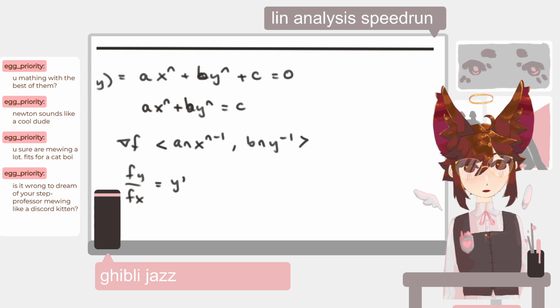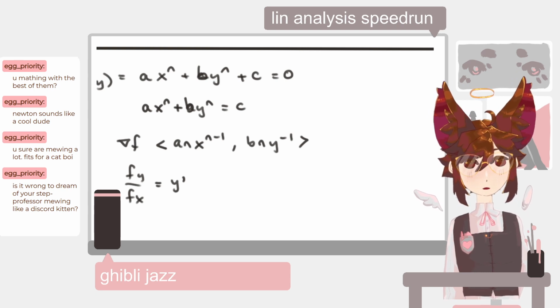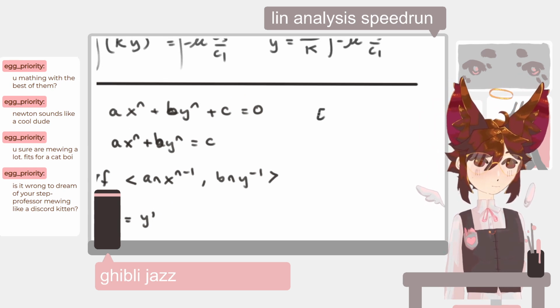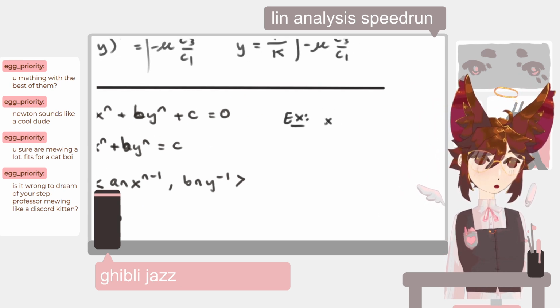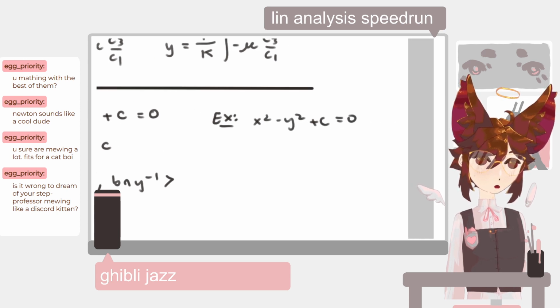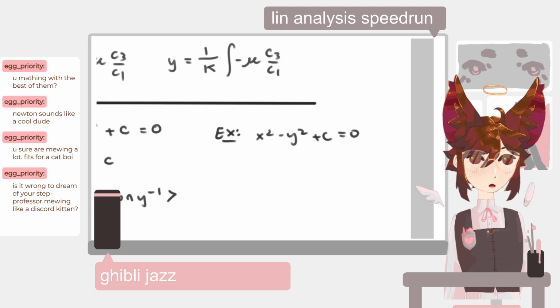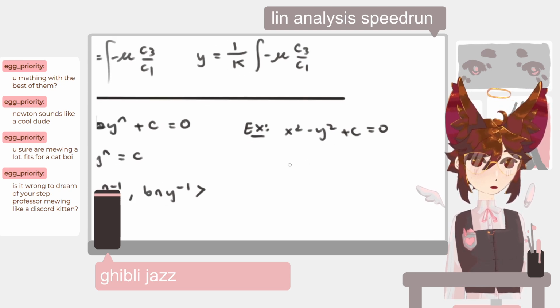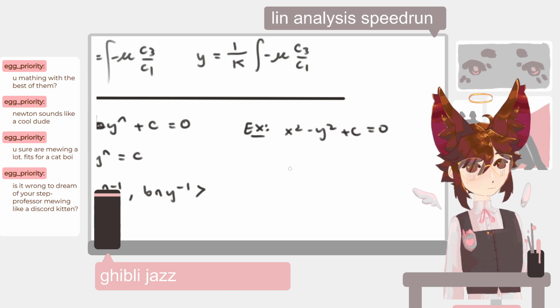I'll do an example of one of these because I think that it's useful to do. So let's do an example with x squared minus y squared plus c equals 0. So this is going to look like, what? We've got y squared. If we solve this, I might as well just do it because I don't know what it looks like off the top of my head.